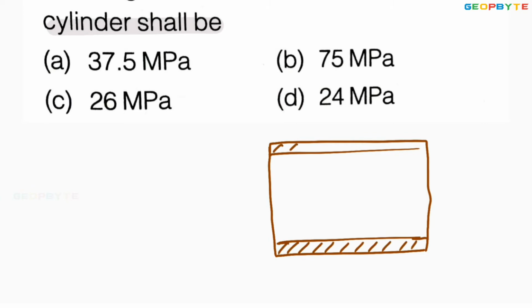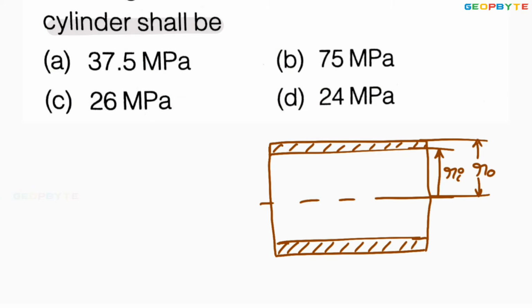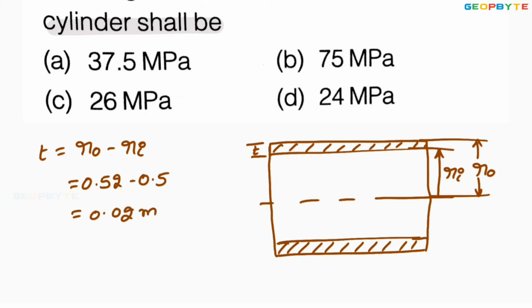With respect to the center, I can say this is the inner radius Ri, and this is the outer radius R naught. Then this is the thickness. The thickness is equal to the outer radius minus the inner radius. Outer radius 0.52 meters minus inner radius 0.5 is equal to 0.02 meters.